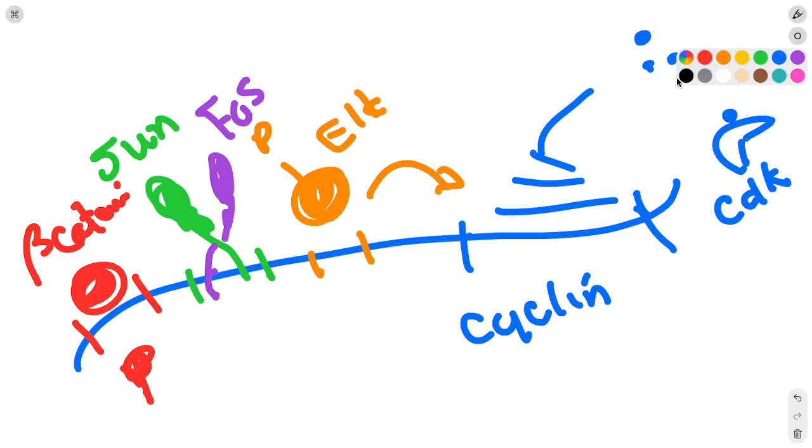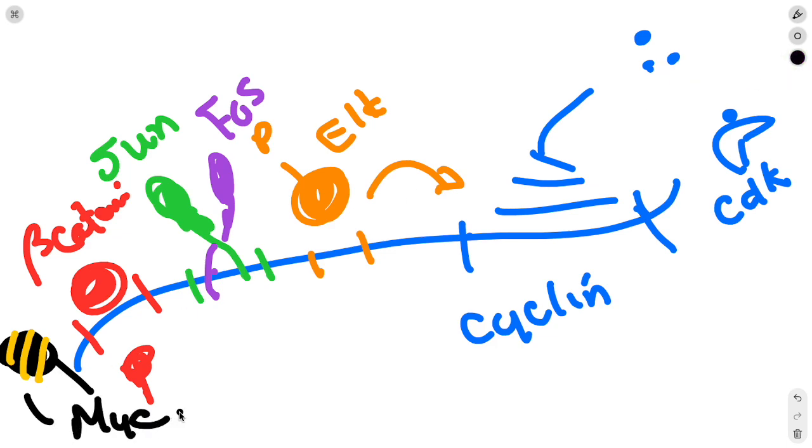And then we'll make this one striped, because it's Myc. We make stripes by first drawing it like this, because Myc is just rowdy, like a bumblebee that will sting you. So there you go, Myc.